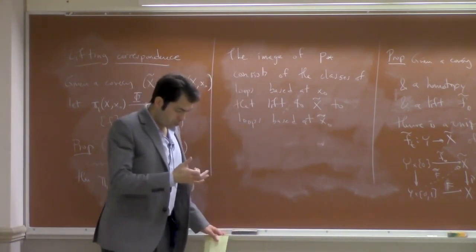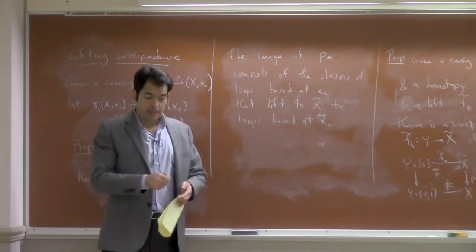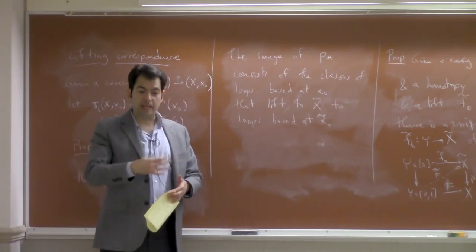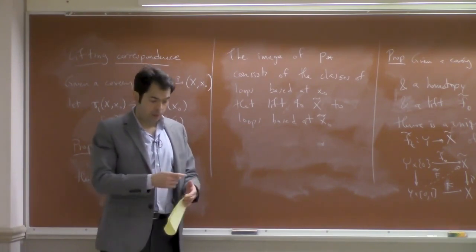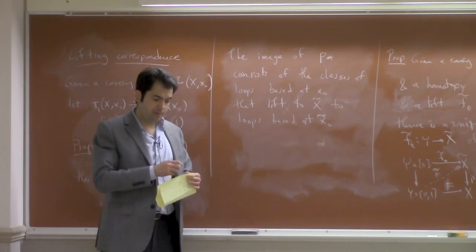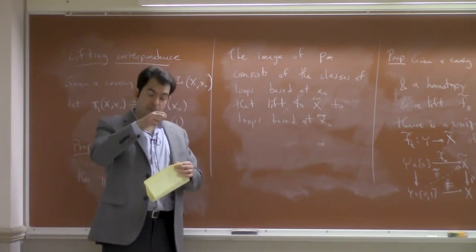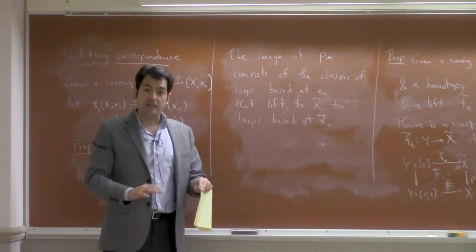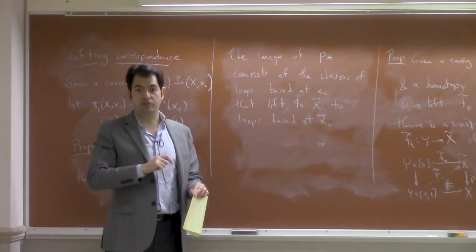So what you should think of is if I take a loop downstairs, then I can lift it uniquely as a path upstairs. But this path need not be a loop. What happens is that it starts at our base point, and it ends somewhere above the base point downstairs. But it doesn't have to end at the same part of the preimage upstairs where it started.